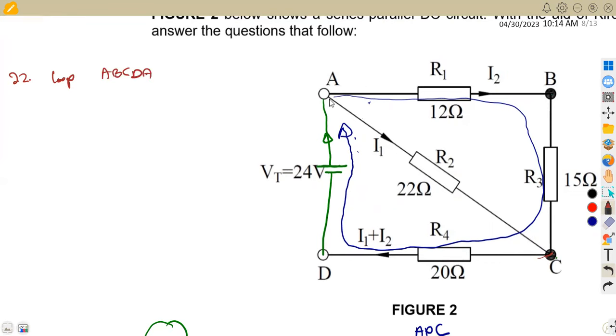So if we are to check here, let's trace what we have for the voltage source, which is our VT in this case. So our VT is going to be the product of current and resistance through the branches that the current is flowing with. So I2 is affected here with R1 and R3 in the same branch from A to B to C, the same current which flows. So you combine these resistors under I2, which is R1 and R3.